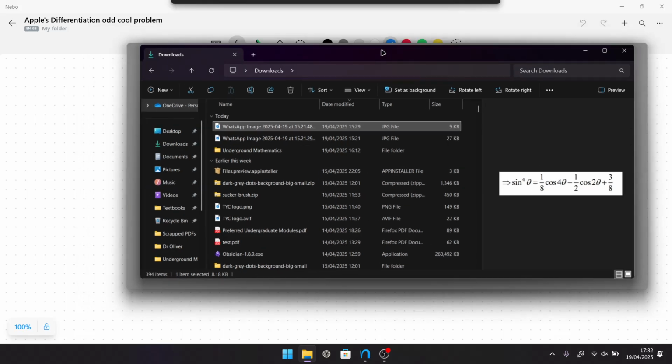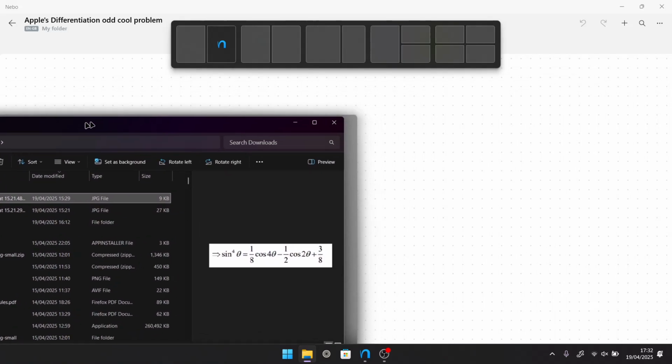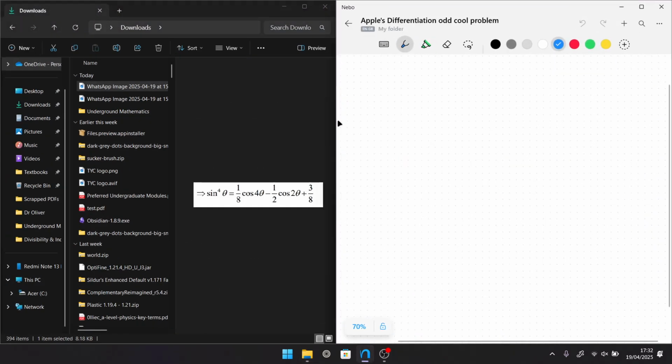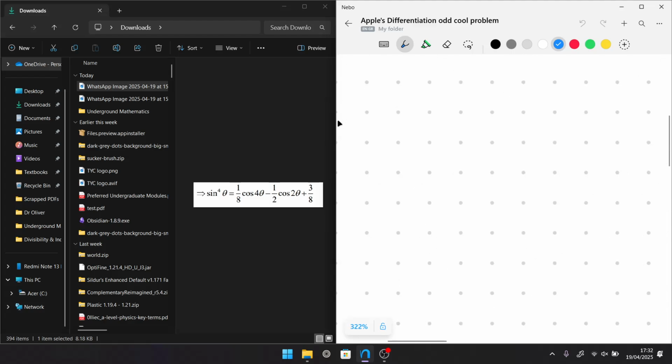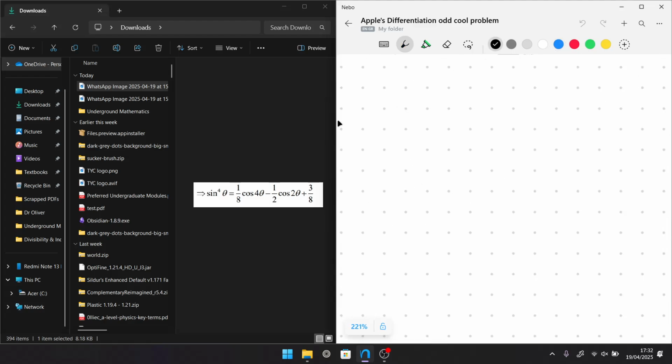So the standard result you gave me was, if I zoom in a lot, sine to the 4 theta equals 1/8 cos 4 theta minus 1 over 2 cos 2 theta plus 3 over 8.